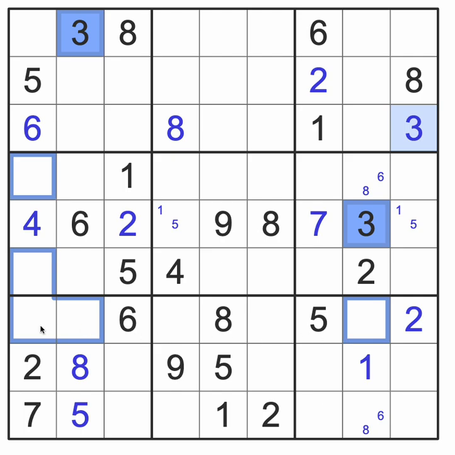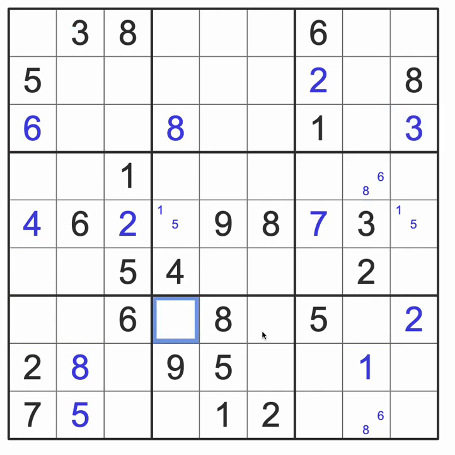That means for row 7 to have 3, it will have to be put in here or here. That means I cannot put 3 in here or here. So in particular, this cell cannot be 3.